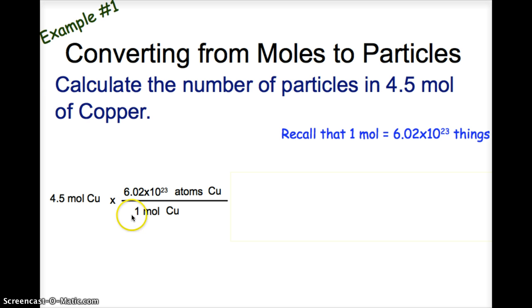Notice that I put 1 mole of copper in the denominator, and I put the 6.02 times 10 to the 23rd atoms of copper in the numerator. This is done so that the 1 mole of copper will cancel out the moles of copper. The unit will cancel out from the 4.5 moles of copper that was given.